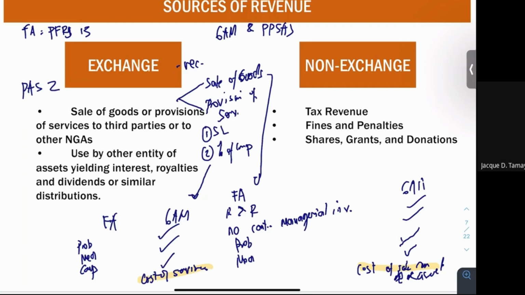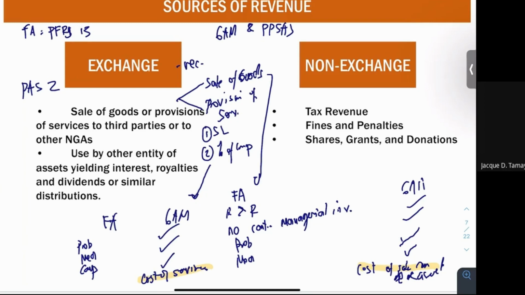Next, we have your use by other entity of assets yielding to interest, royalties, and dividends or similar distributions. So this talks about your revenue arising from the use by other entities of the properties of the entity or the government.